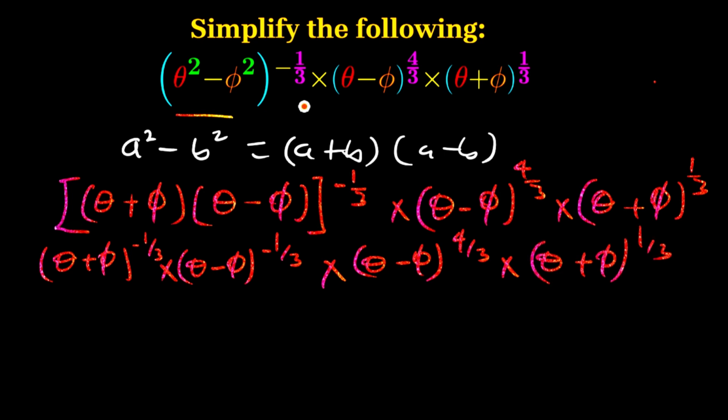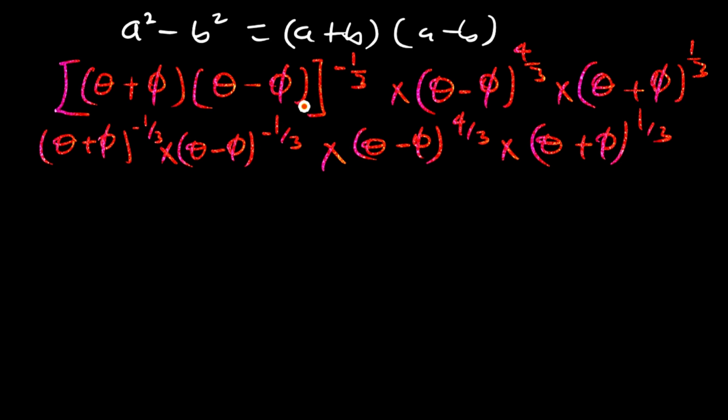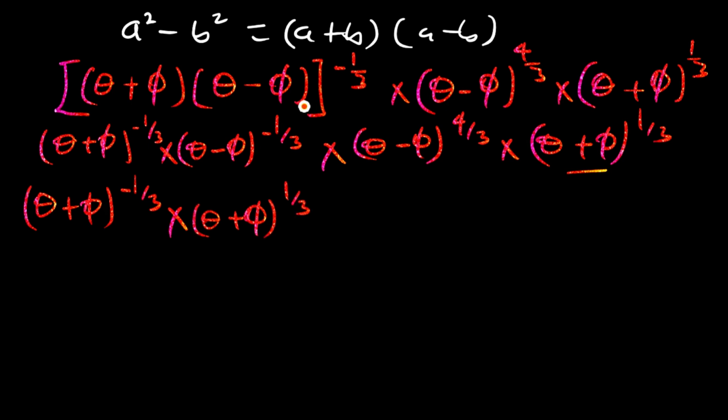Now we can collect the like terms together, the ones which look alike. We have (θ + φ), and there's another (θ + φ), so we can bring them close. So we have (θ + φ) raised to power negative 1/3, and then we bring this one close, (θ + φ) raised to power 1/3.